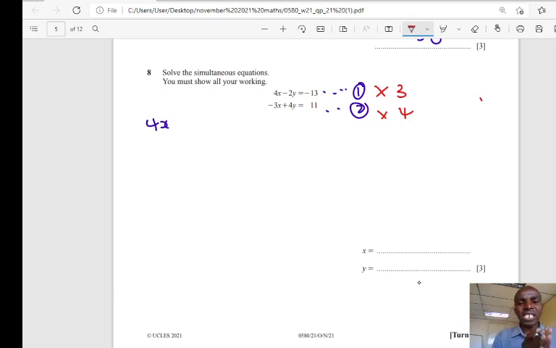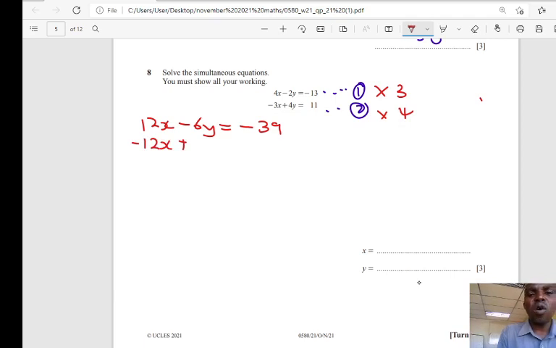Equation 1 multiplied by 3: 4 times 3 is 12x, minus 2 times 3 is 6y, equals negative 13 times 3, which is negative 39. Then equation 2 multiplied by 4: negative 12x plus 4 times 4, 16y, equals 11 times 4, which is 44.